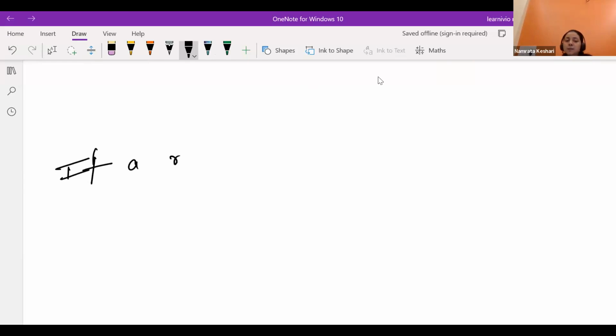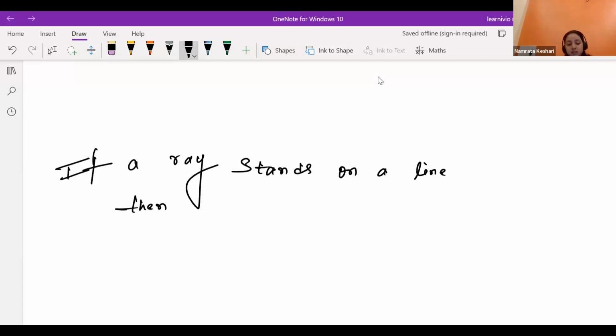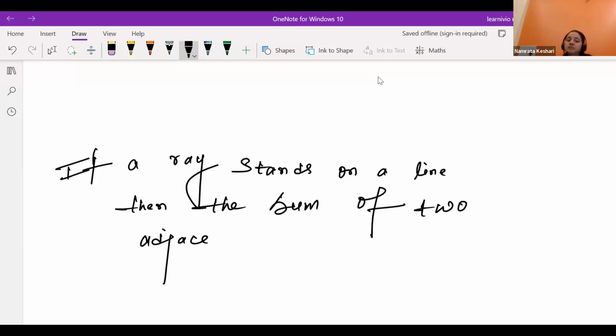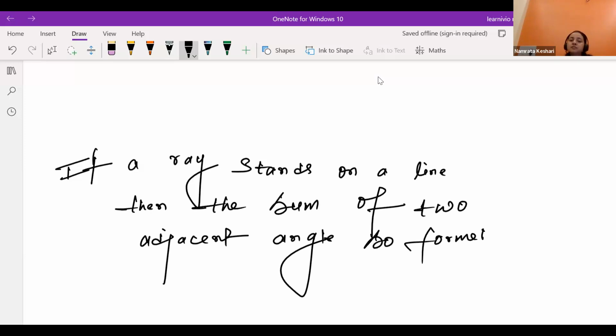If a ray stands on a line, then the sum of two adjacent angles so formed is 180 degrees, which we have already discussed.